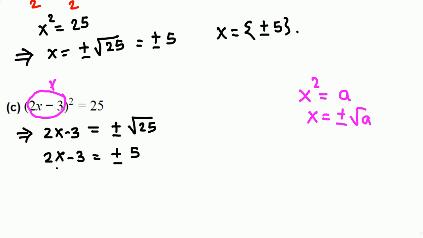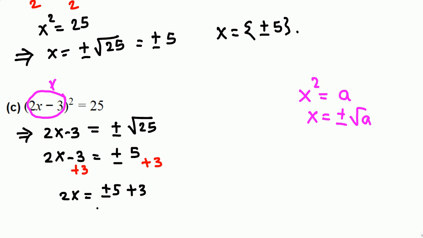To isolate x, move the minus 3 over, so add 3 to both sides. So we have 2x equals plus minus 5 plus 3. Plus 5 plus 3 is 8, and minus 5 plus 3 is negative 2. So we have two numbers.